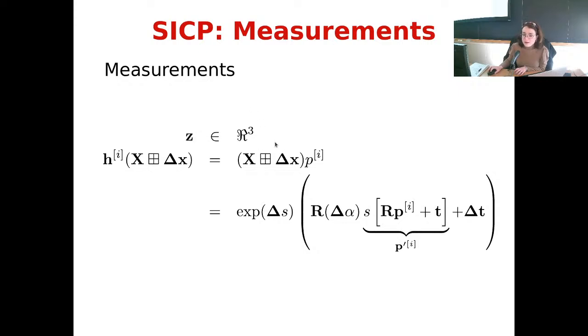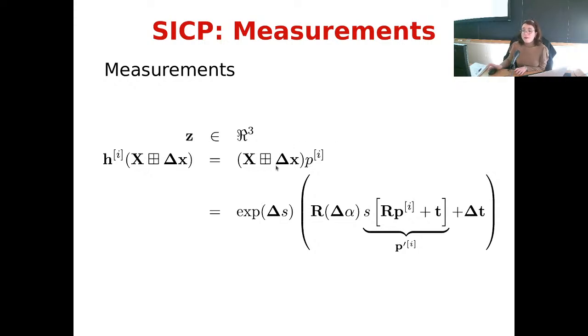The mapping from the world frame to the robot frame is given by the transformation x box plus delta x, so that the function which returns us a measurement given the current estimate of the transformation from the world frame to the robot frame is the following: x box plus delta x times pi.